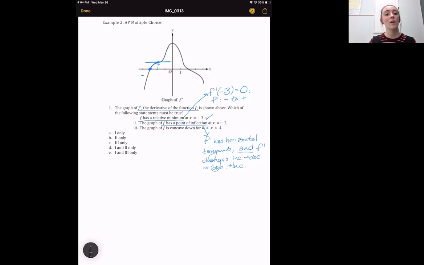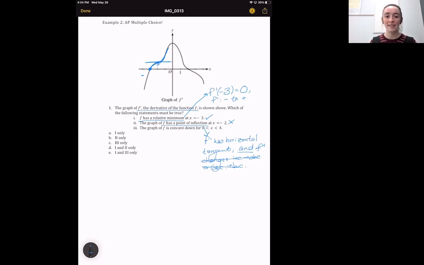So the concavity wouldn't actually change. This entire time going through that point, our graph of f would be concave up. So statement 2 is not true because we haven't fulfilled this second point. F prime does not change from increasing to decreasing or decreasing to increasing.